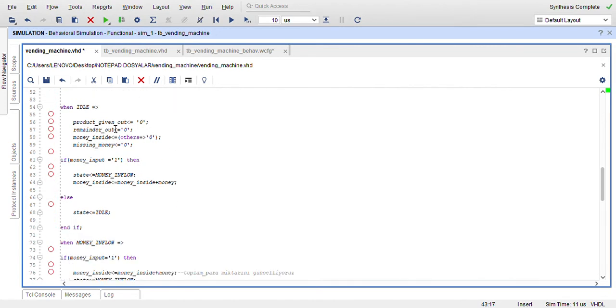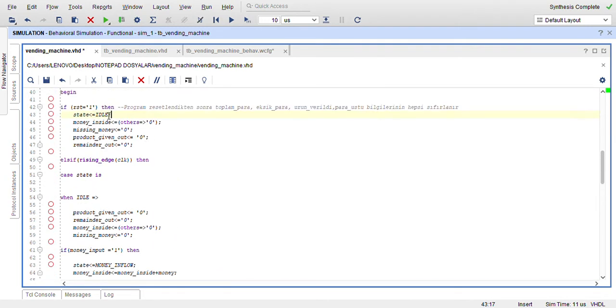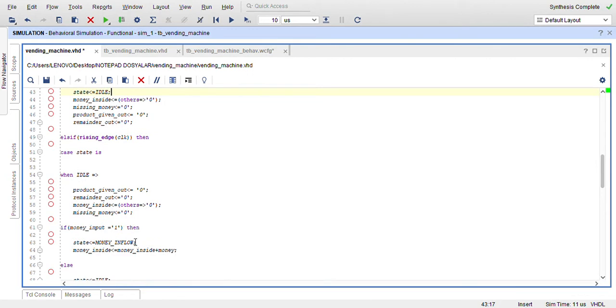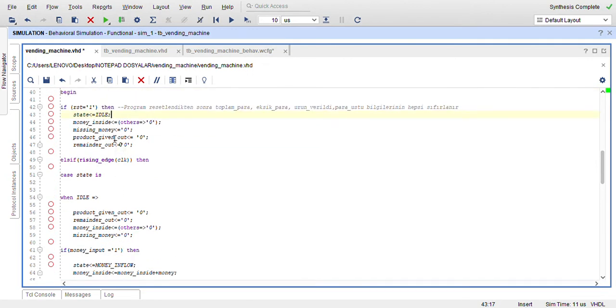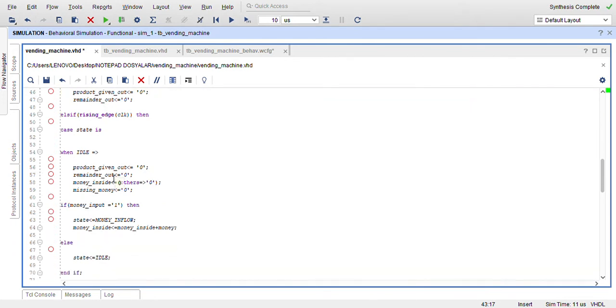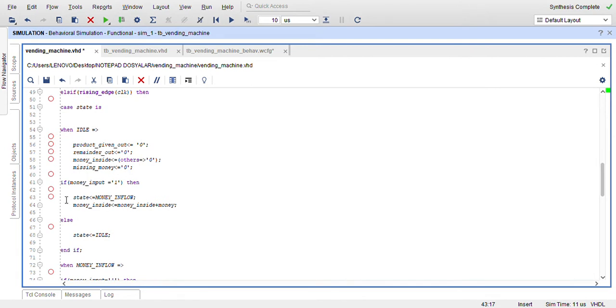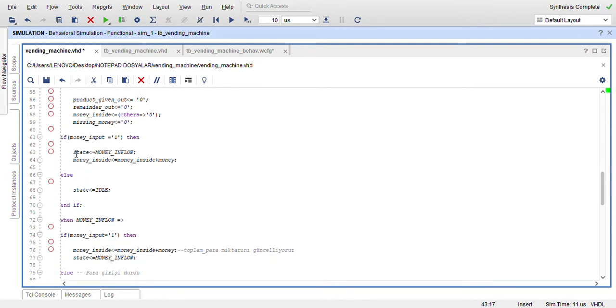Case state is when idle. Idle is our first state, so every output will be zero. The only difference between reset and idle is that at reset we write state idle, but in idle we write if, else, and if. We decide our next state with this case.